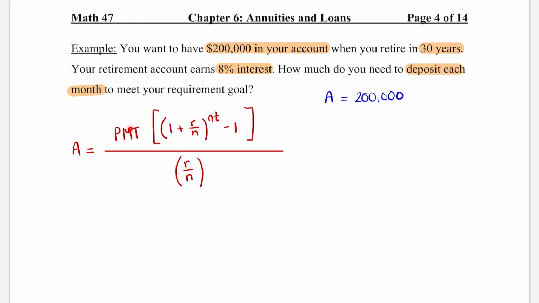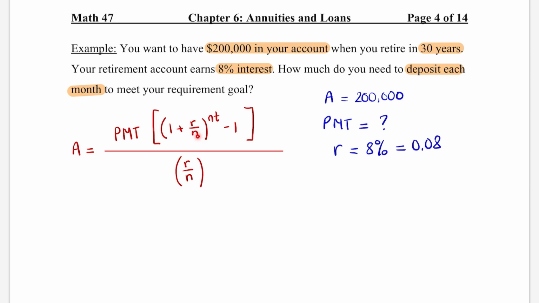PMT is the amount of my regular deposit. In this case, it is my monthly deposit. How much do I deposit each month? I don't know. That's what they're asking. So I'm looking for PMT here. R is my annual interest rate. In this case, that's 8%. And I am converting 8% to a decimal, which is 0.08.